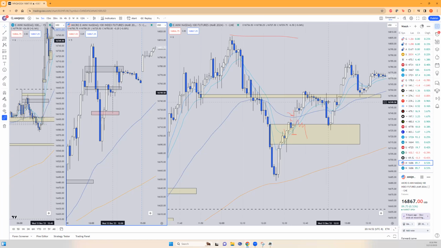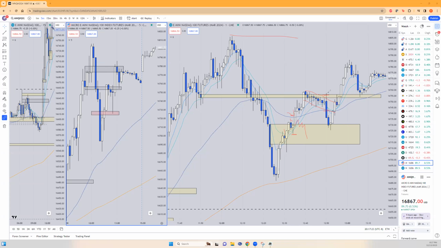What did they do? They pushed it up, tapped all the orders, because retail sees this as a bull flag. Tapped all of retail's orders. They're looking at this as a bull flag like this. And the retail concept says that as soon as price breaks out of the flag, your entry should be right there and your stop loss should be underneath the flag.